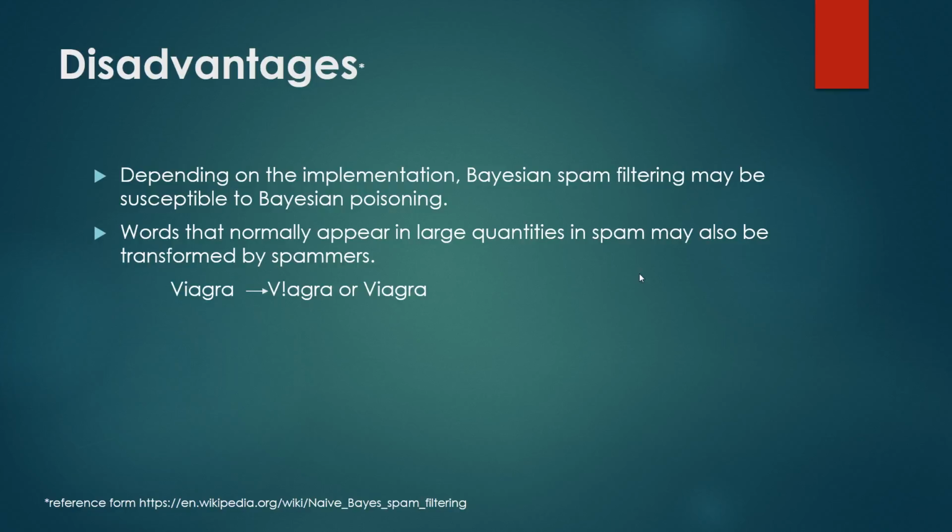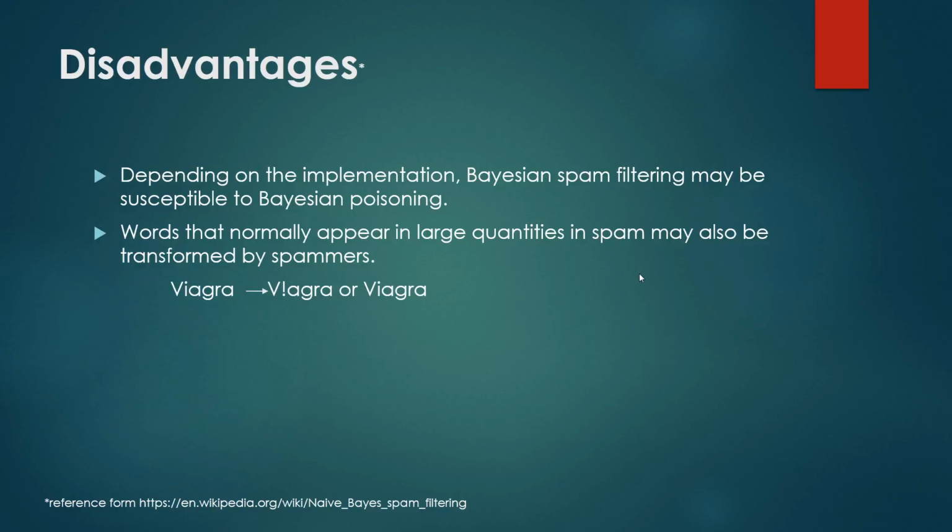A spammer practicing Bayes poisoning will send out emails with a large amount of legitimate text. Spammer tactics include the insertion of random innocuous words that are not normally associated with spam, thereby decreasing the email's spam score, making it more likely to get past a Bayes spam filter.